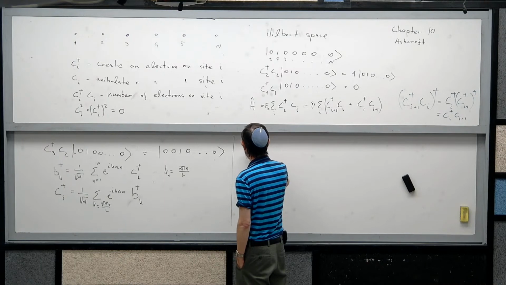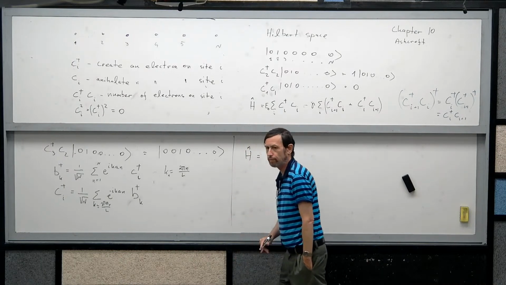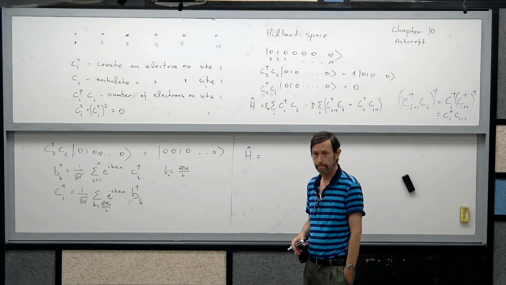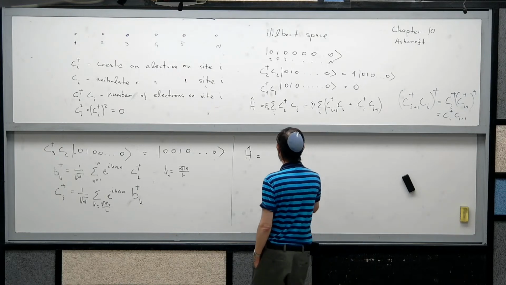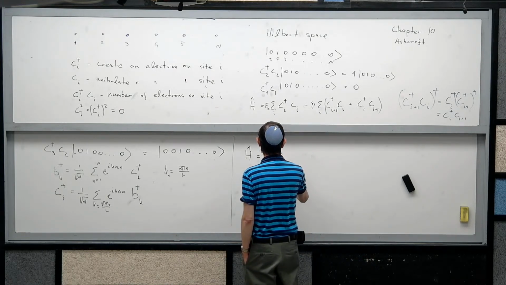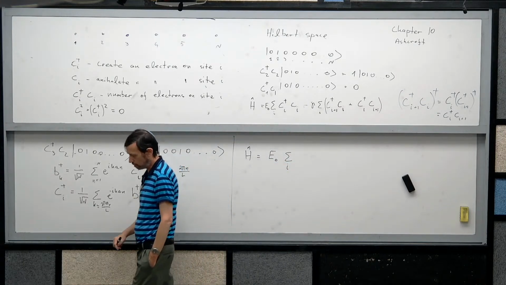Okay, so I want to write here the Fourier transform of the Hamiltonian operator. Just copy what appears here.